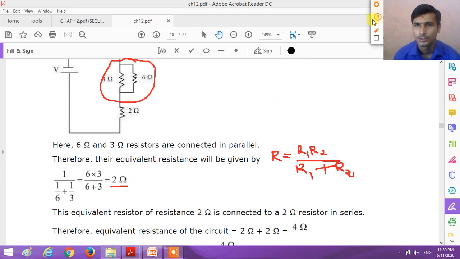Now this configuration is connected with the 2 ohm resistor in series. So the equivalent resistance of 2 ohm is connected to a 2 ohm in series, right? This configuration and the 2 ohm resistor are connected in series. So we get the equivalent resistance R1 plus R2, 2 plus 2, we get 4 ohm resistance.